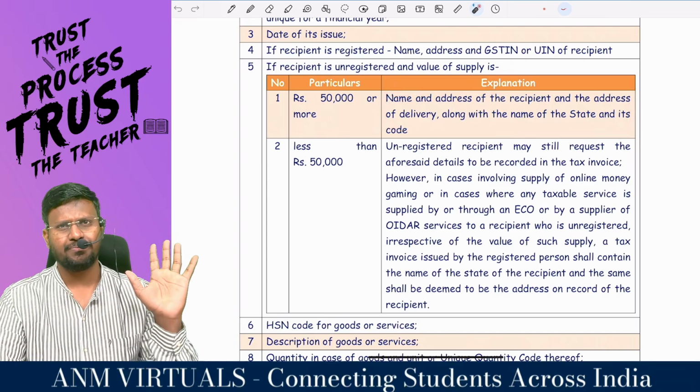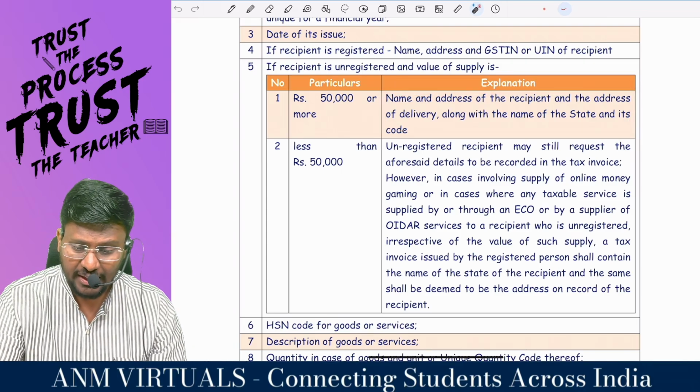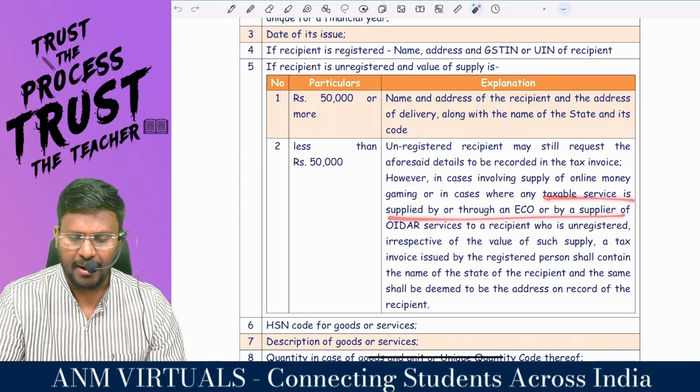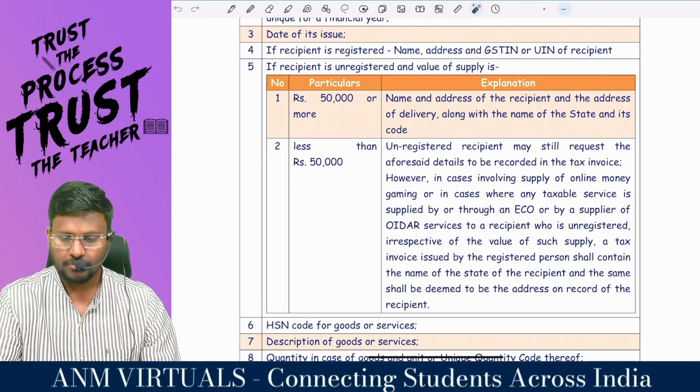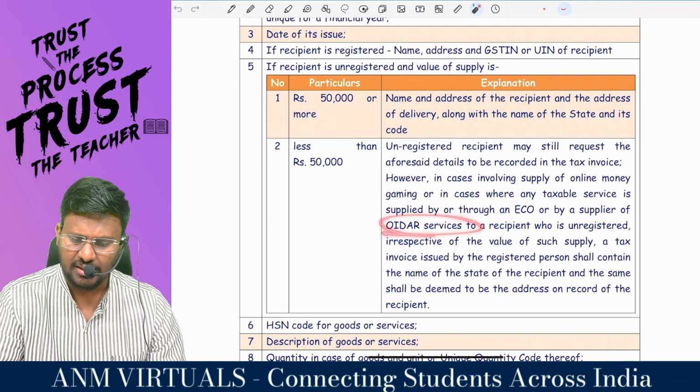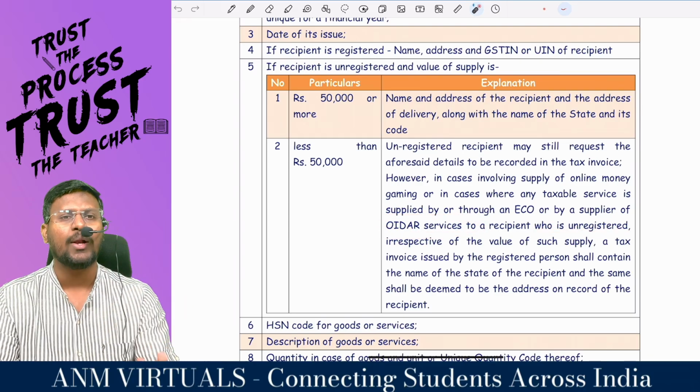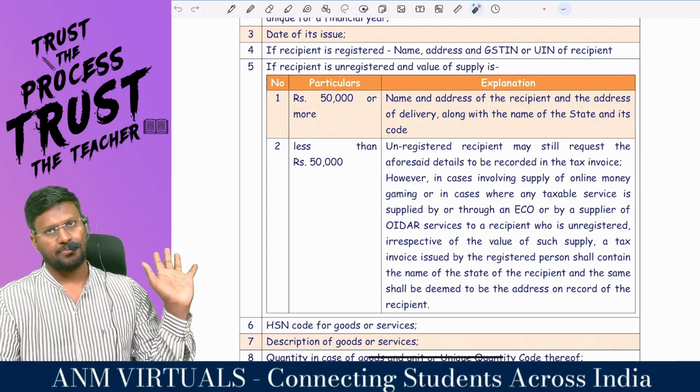Otherwise, leave it. But if the supply is of online gaming or any taxable service supplied by or through an e-commerce operator or supplier of services, if the recipient is unregistered, this 50,000 value will not be applicable.